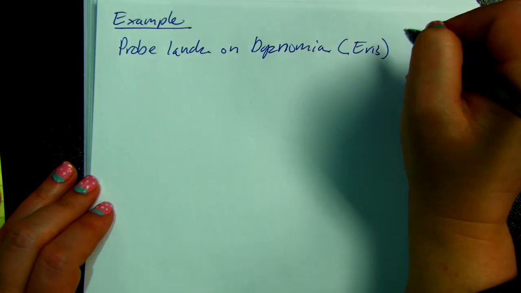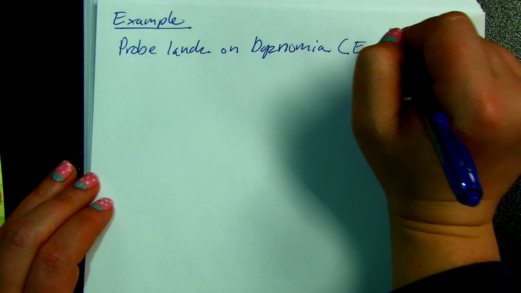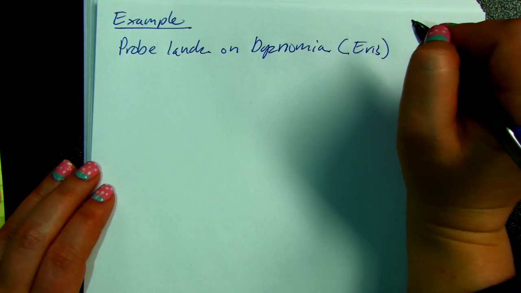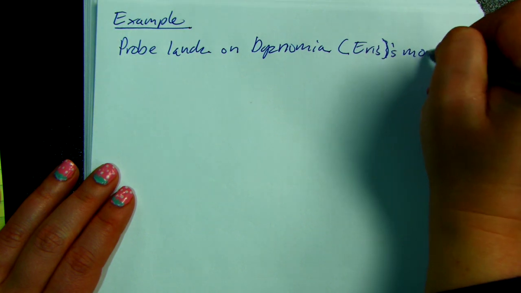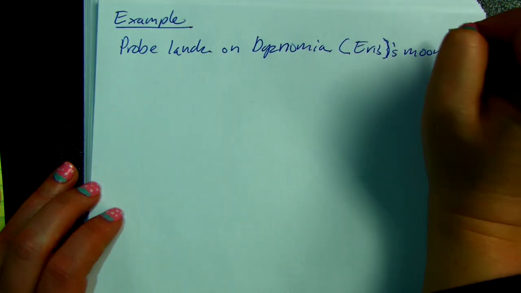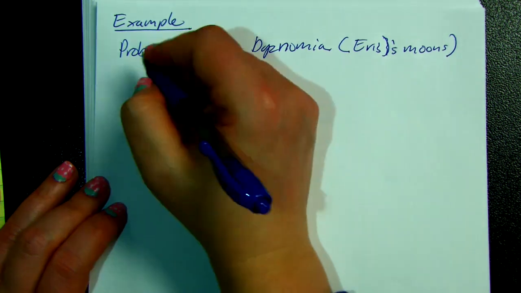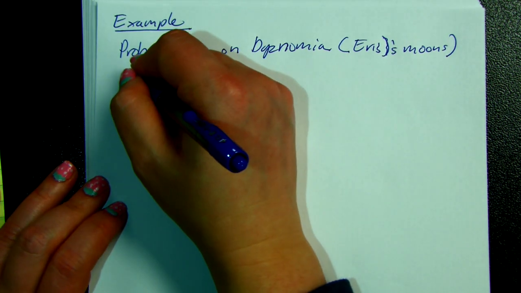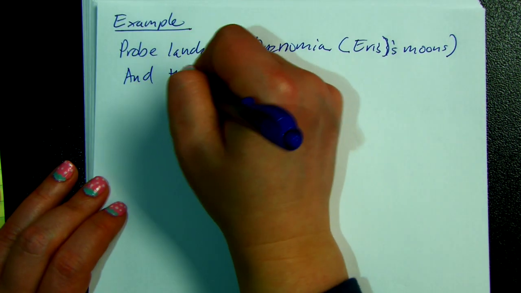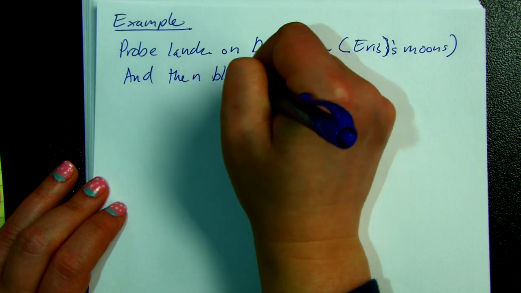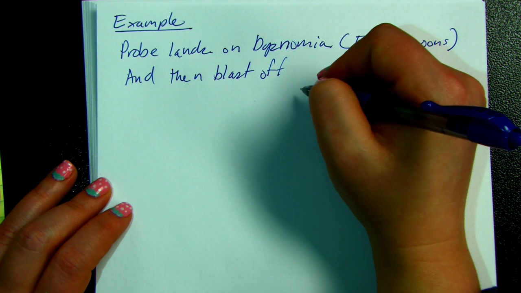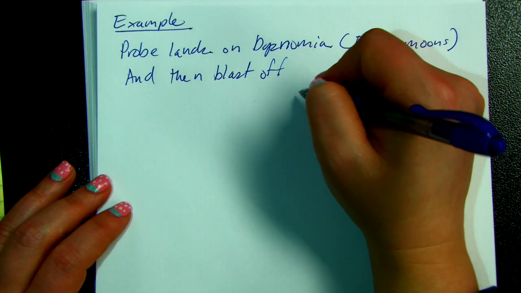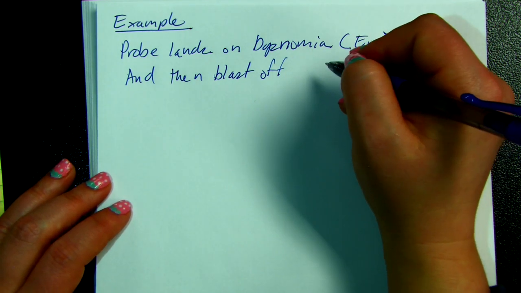Eris is a dwarf planet that is beyond Pluto. How cool is that? And so the probe lands, collects a sample, and then blasts off to return to the main station on Triton, which is one of Neptune's moons.